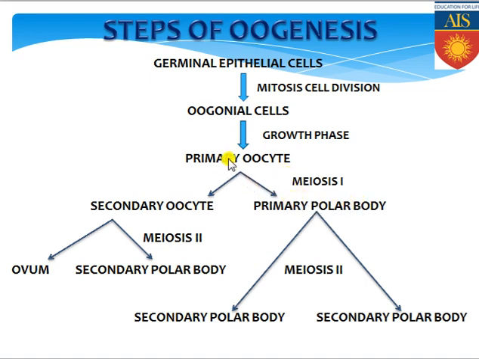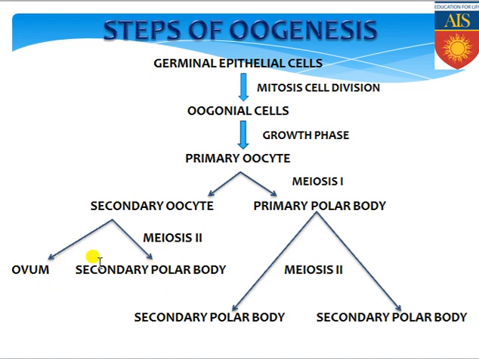Keep it in your mind, up to the primary oocyte the number of chromosomes is diploid, 2n, but after the primary oocyte the number of chromosomes has come to n, and for that reason the secondary oocyte and primary polar body both contain n number of chromosomes. Now the secondary oocyte gets divided again by meiosis 2 cell division, producing the ovum and secondary polar body.